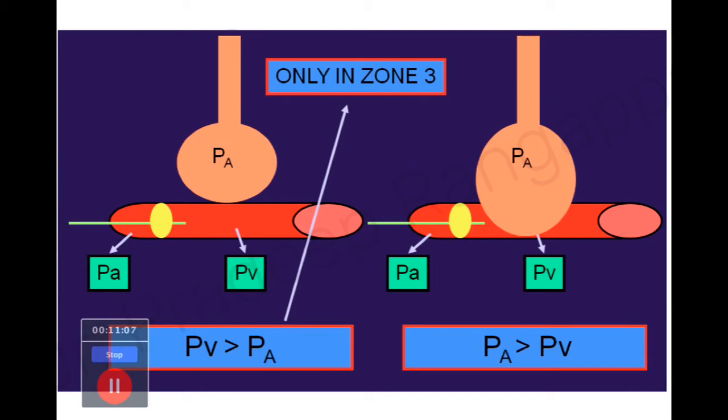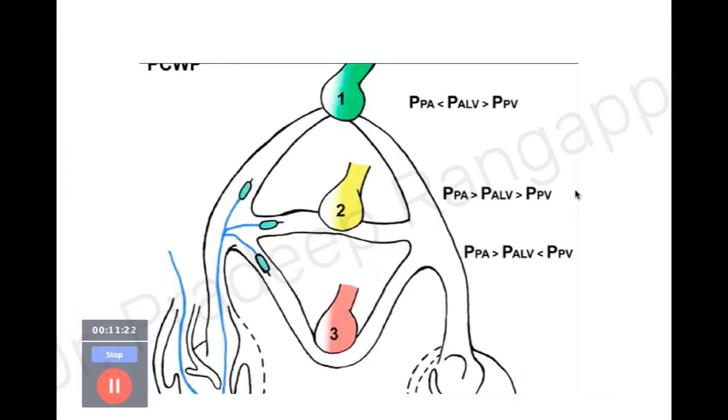That's why we emphasize that the accuracy of the pulmonary artery wedge pressure is when the wedging happens in zone 3, because in zone 1 and zone 2 there are alveoli which interfere with the pressure. I'll show you the next diagram, which is a very clear diagram. As you see, this is zone 1 where pulmonary artery pressure is less than pulmonary alveolar pressure.